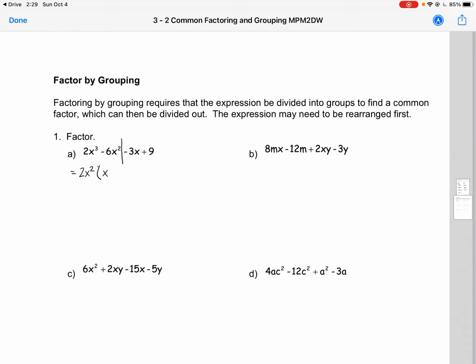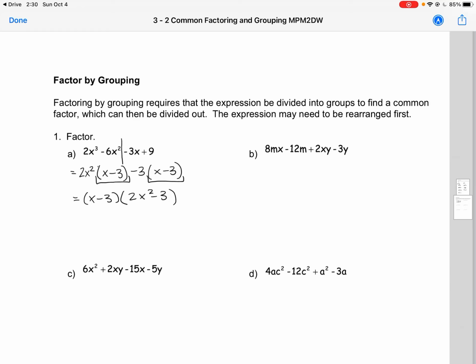Then I'm going to take a look at my second 2 terms, and I'm going to notice that I can take out minus 3 from both of those terms, leaving me with x minus 3. Conveniently, now that I've done that, I have the same bracket in both those terms, which I can then factor one more time, leaving me with x minus 3 times 2x squared minus 3.